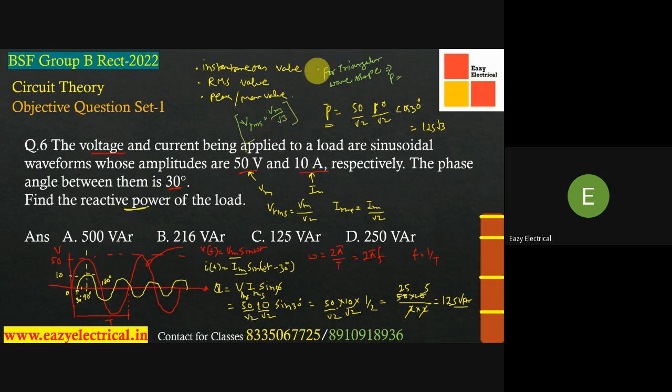Suppose the question had been given for the square waveform, then what will happen? For the square waveform, if you remember, it looks like this.